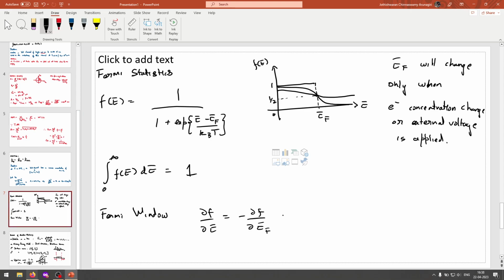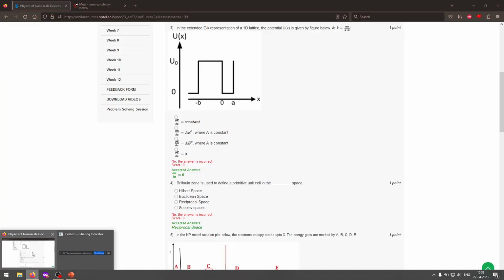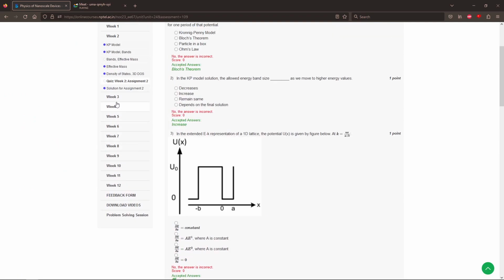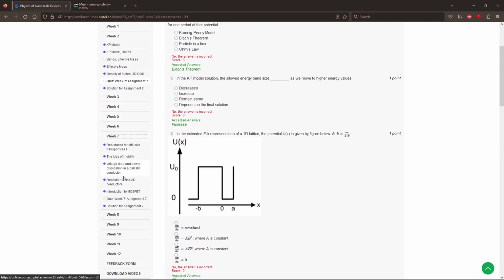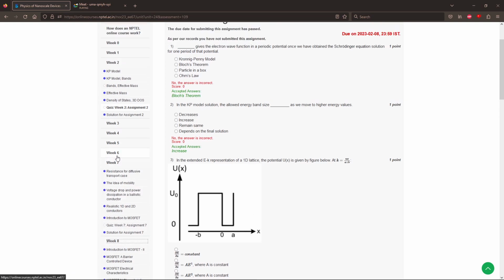One more thing I want to tell you is I cannot do any numericals for this. So I will just directly go to the lectures themselves. So where is that? I think it is week 6.